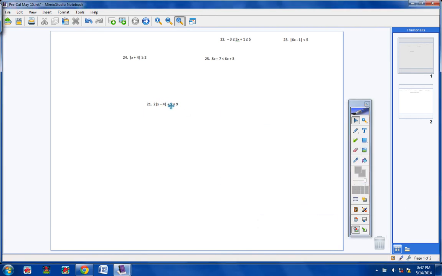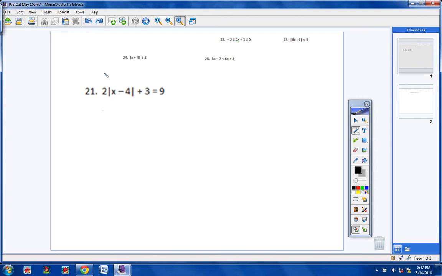All right, let's take a look now at an equation that's called an absolute value equation. And you can see why it has an absolute value in it. Now, the first thing you want to do is isolate the absolute value. You want to get this all by itself. That means you've got to get rid of this 3, and you've got to get rid of this 2. So here we go. This shouldn't be too difficult.